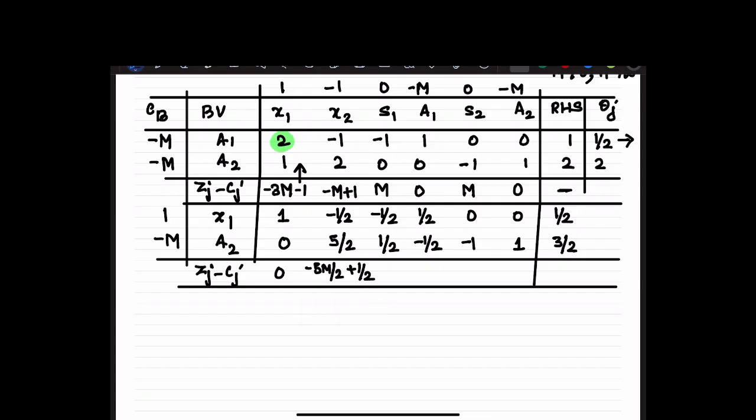The next value is minus M by 2 minus half. Don't calculate this value because a1 has already left, so you can leave this. This value is M. This value is 0. Don't calculate this. Now what is most negative? Most negative is this, this entire portion.